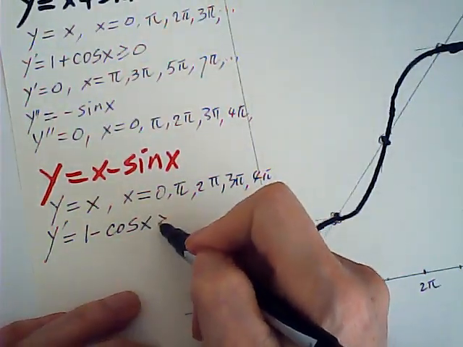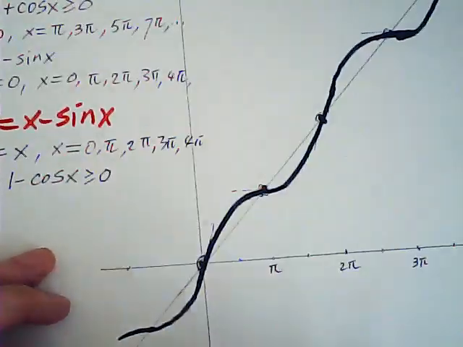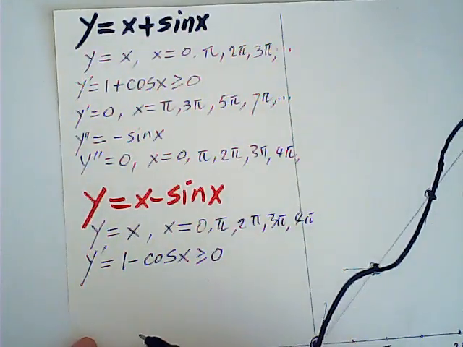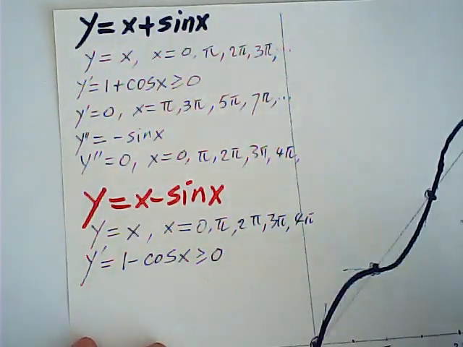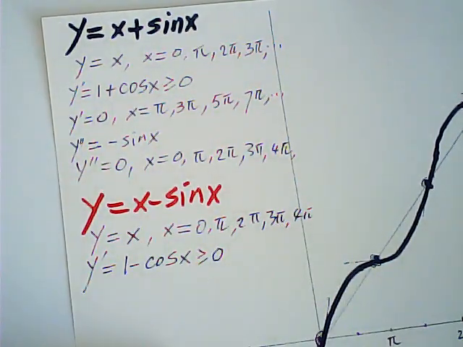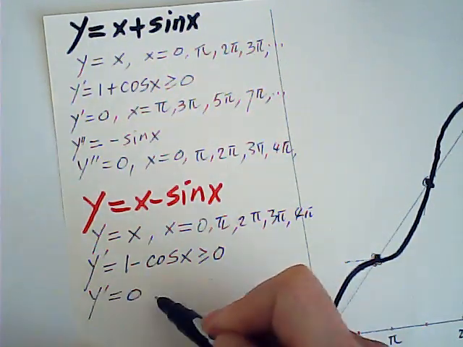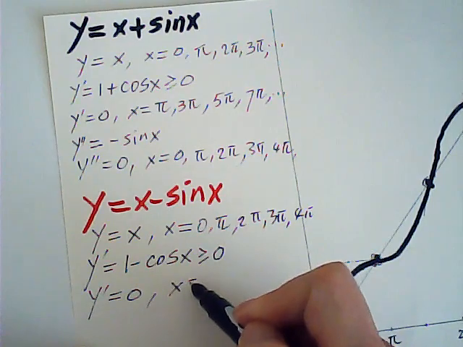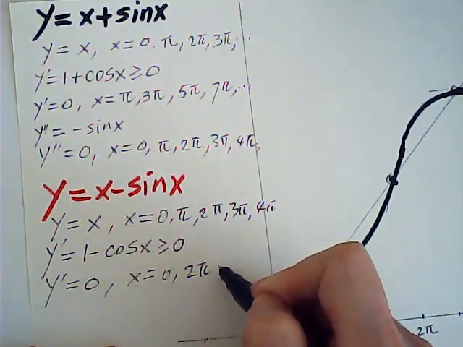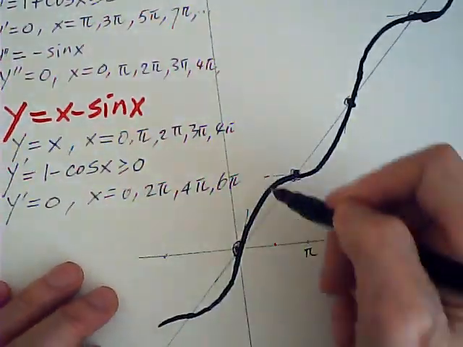Now then, the first derivative is equal to 1 minus cosine x. So this will never be negative, which means the curve of this function is a non-decreasing curve. And at the first derivative equal to 0, x is equal to 0, 2 pi, 4 pi, 6 pi, and so on.